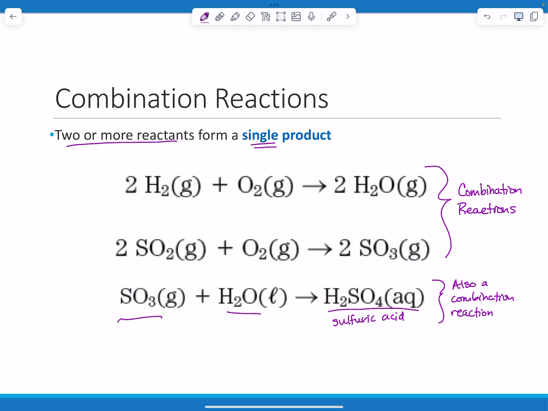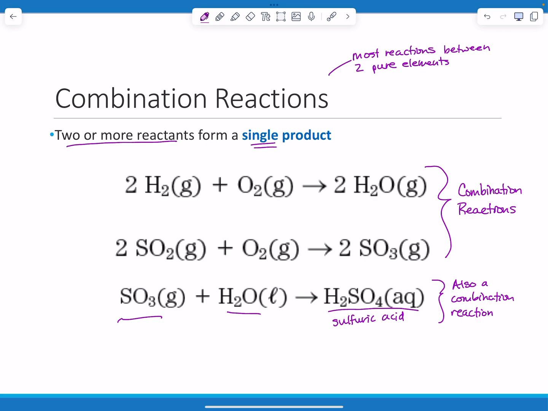Most reactions that you have between just two elements are going to be a combination reaction. Most reactions between two pure elements are of this type.